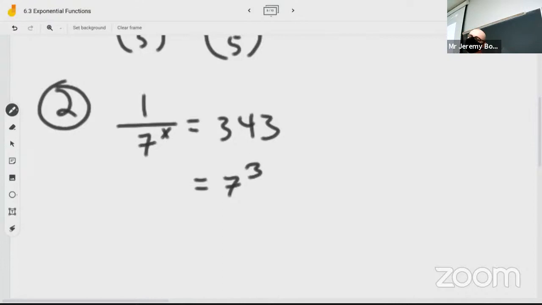How can we bring that into the numerator? The 7, make the x negative. Yeah, so we can write that as 7 raised to the negative x. And now we have the same base on both sides. That means the exponents are equal to each other. So negative x is equal to 3, which would mean that x is equal to negative 3.